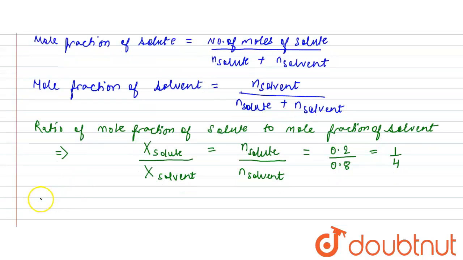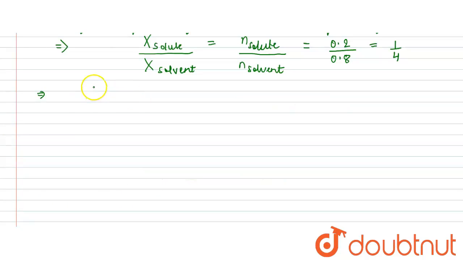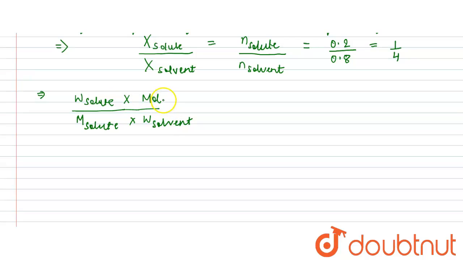You know very well the number of moles of solute can be written as weight of solute divided by the molecular mass of solute, and the number of moles of solvent can be written as weight of solvent divided by the molecular mass of solvent, right? So the number of moles of solute by the number of moles of solvent equals 1 by 4.